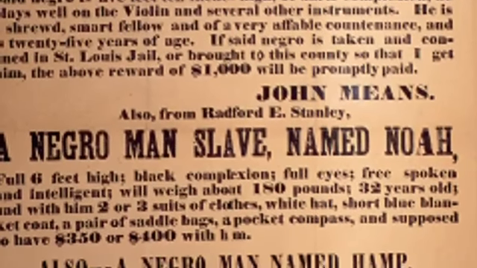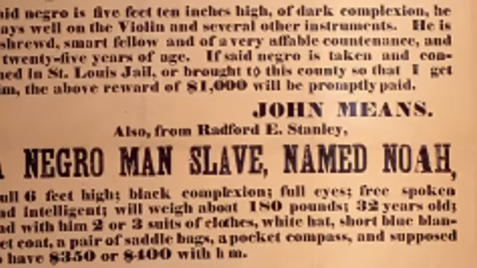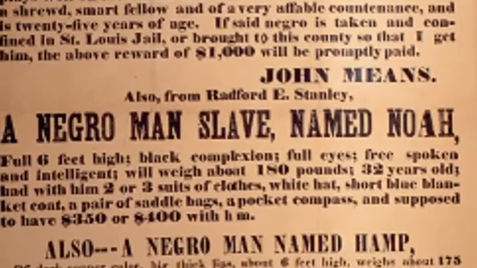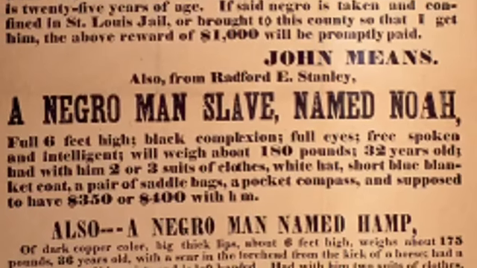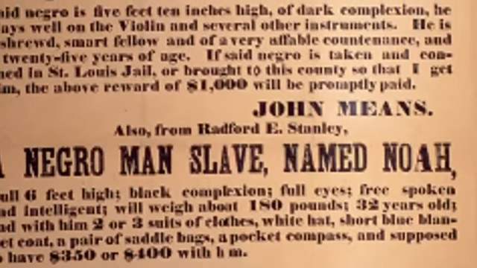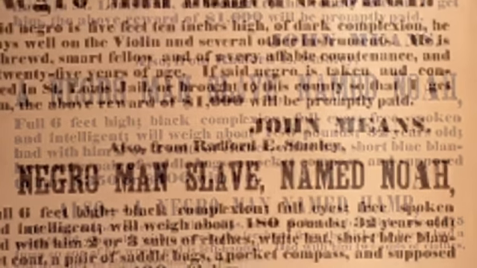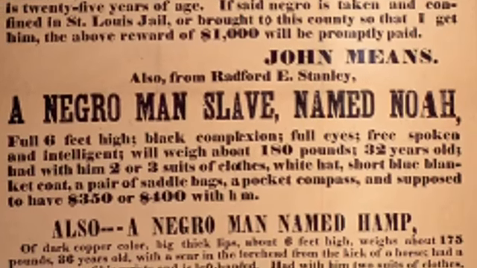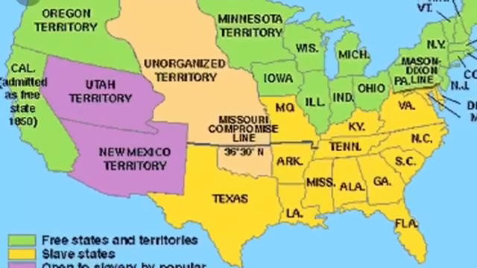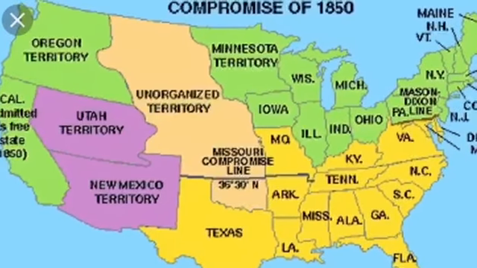And if any alderman or justice of the peace of this Commonwealth shall, contrary to the provisions of this act, take cognizance or jurisdiction of the case of any such fugitive as aforesaid, except in a manner hereinbefore provided, or shall grant or issue any certificate or warrant of removal as aforesaid, then in either case he shall be deemed guilty of a misdemeanor in office, and shall on conviction thereof be sentenced to pay, at the discretion of the court, any sum not less than $500 nor exceeding $1,000, one half thereof to the party prosecuting for the same, and the other half to the use of the Commonwealth.